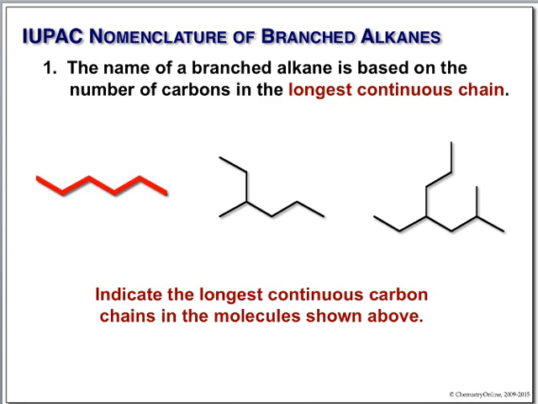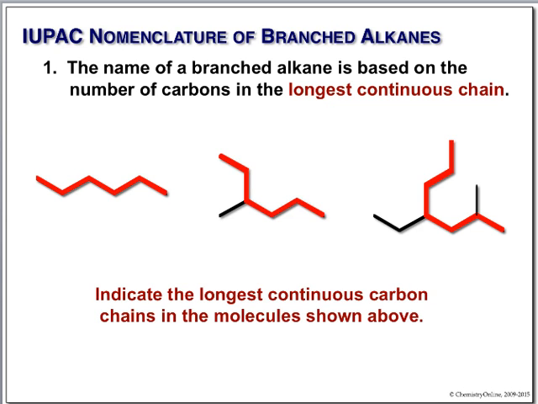Our second one, our 6 carbons are that way. Our third one, our longest chain would start up top here and go this way. The longest chain is going to give us the name of the parent.